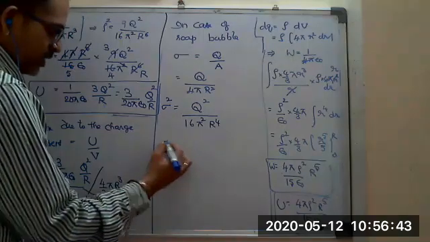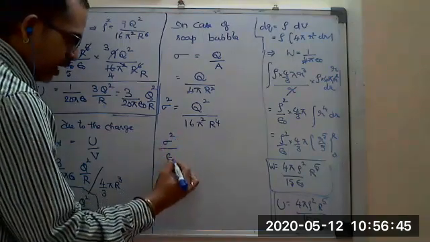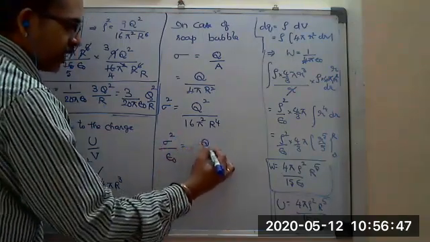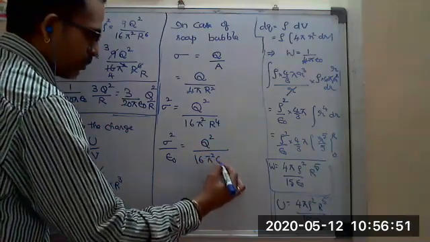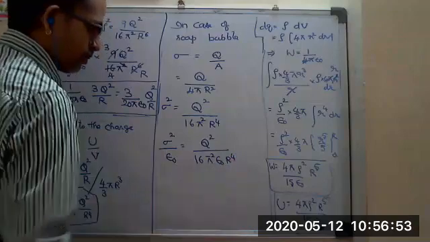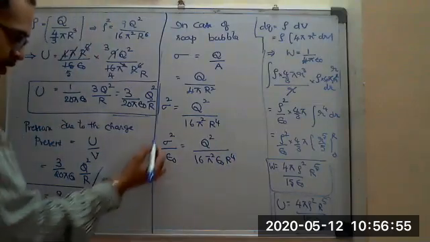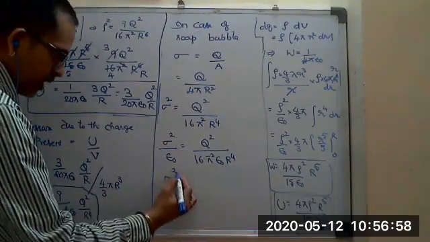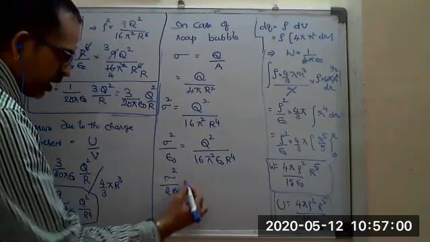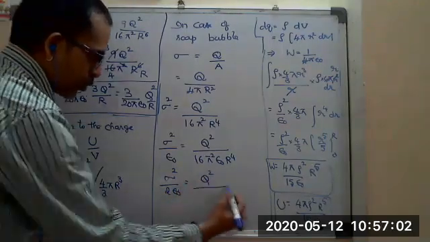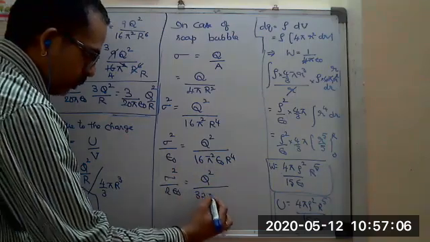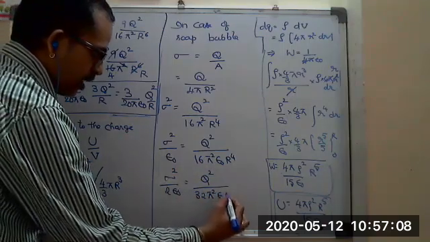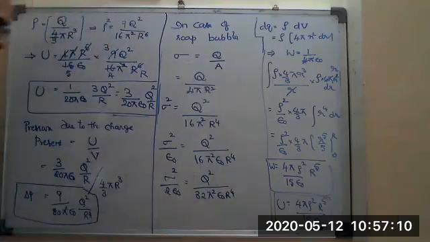Then take sigma square by epsilon naught, you will get Q square by 16 pi square epsilon naught r power 4. Then divide by 2: sigma square by 2 epsilon naught is equal to Q square by 32 pi square epsilon naught r power 4.